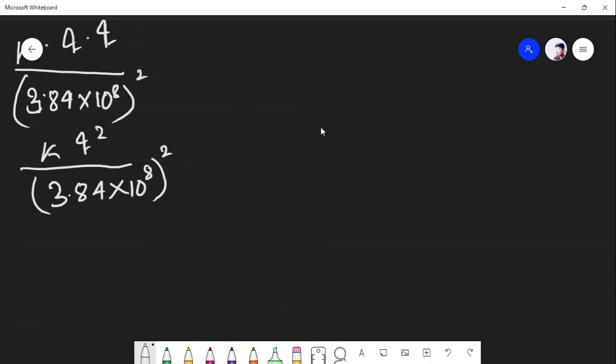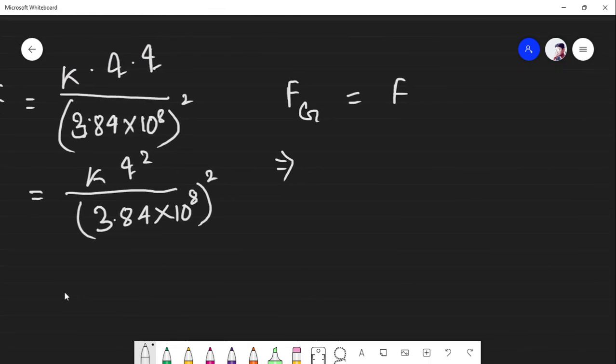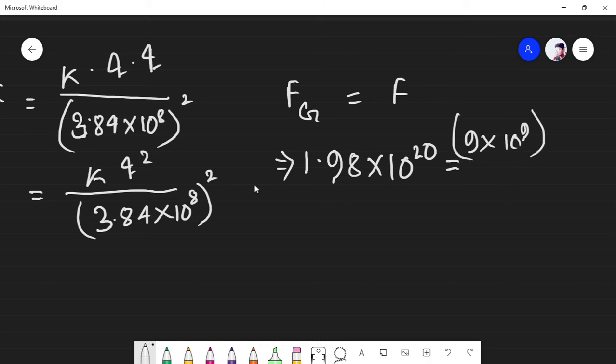So this should be our equation, and we can just write it like this: 1.98 into 10 to the power 20 should be equal to 9 into 10 to the power 9, which is the value of K, times Q squared divided by 3.84 into 10 to the power 8 whole squared.